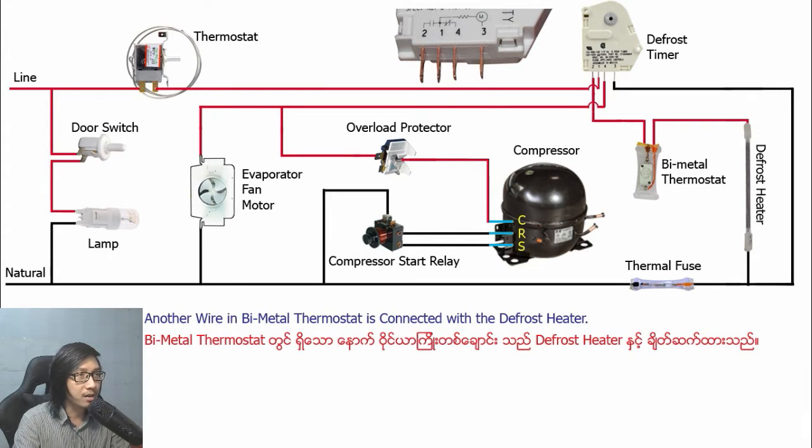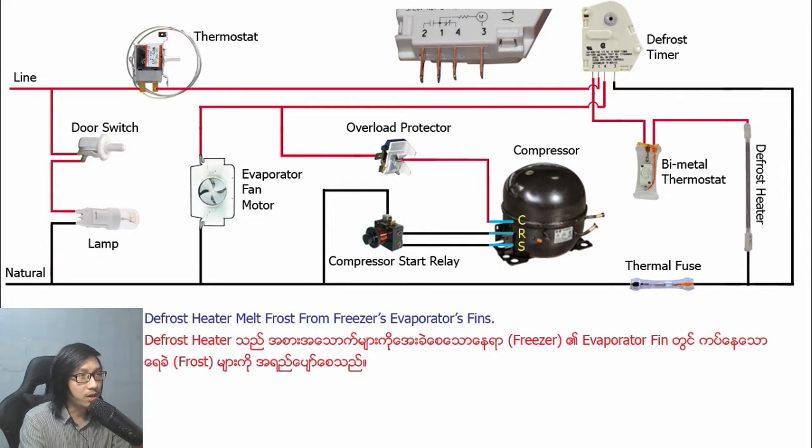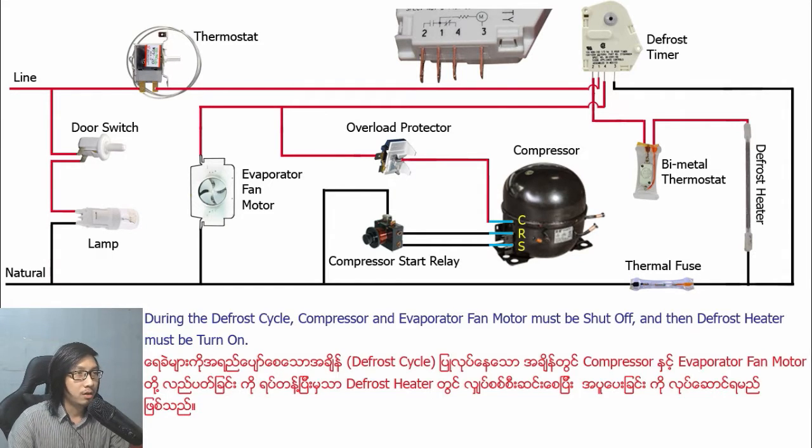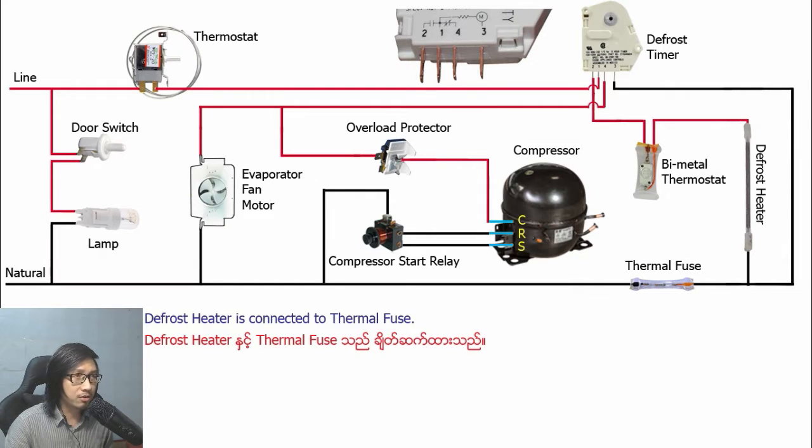Another wire in the bimetal thermostat is connected with the defrost heater. The defrost heater melts frost from the freezer evaporator fan. During the defrost cycle, the compressor and evaporator fan motor must be shut off, and then the defrost heater must be turned on. The defrost heater is connected to the thermal fuse.